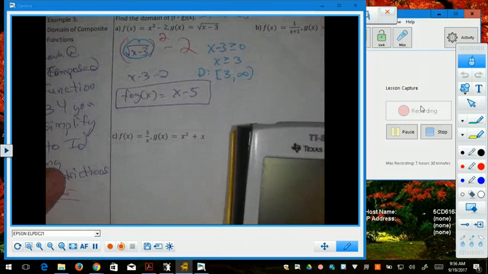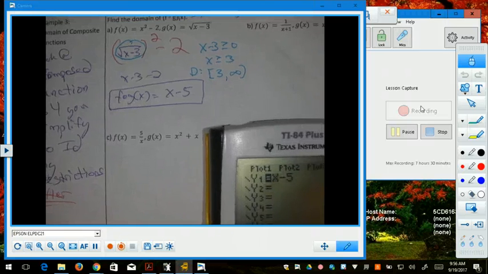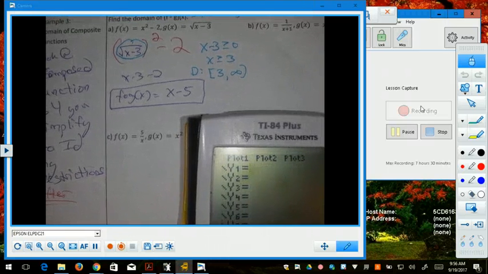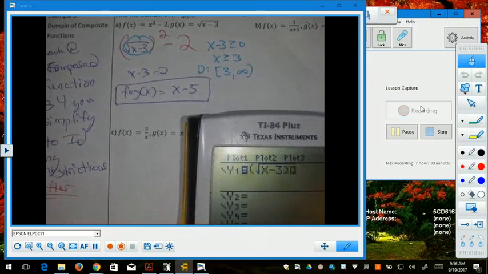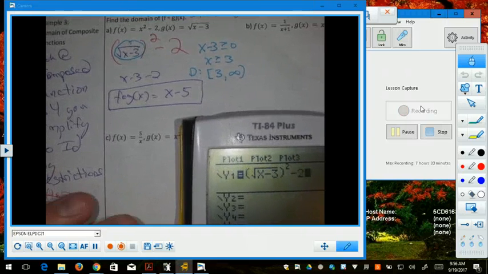Now let's take a look at what happens if I plug this in. By the way, it doesn't always work, so be careful. I've got square root of x minus 3. Close this parenthesis and square it, minus 2.